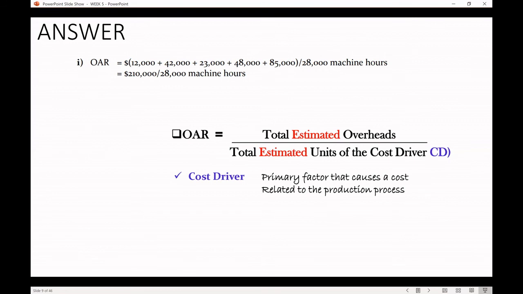So here we have 210,000 divided by 28,000 machine hours. And that gives us $7.50 per machine hour. And here your units is very important because we're saying dollars divided by machine hours gives you dollars per machine hour, right?